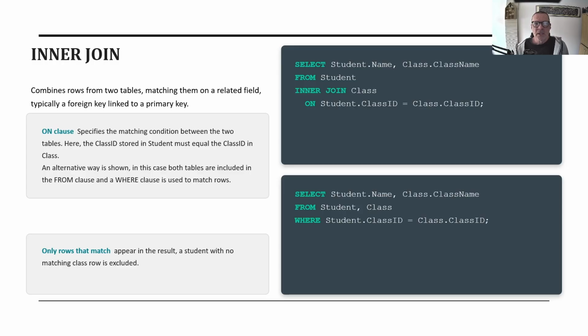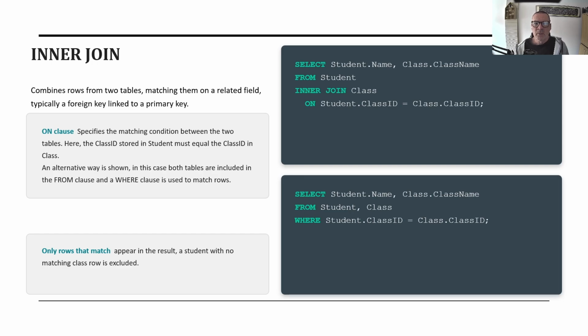And then we're saying from student, but we go on to say inner join class. So that means join those two tables together. And how do we join them together? How do we know which rows to match up with what rows? Well, we use the on statement. So, or the on clause of the inner join.